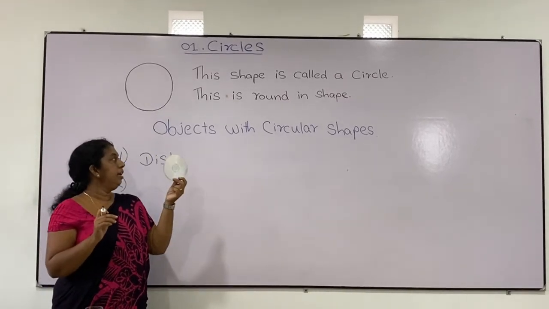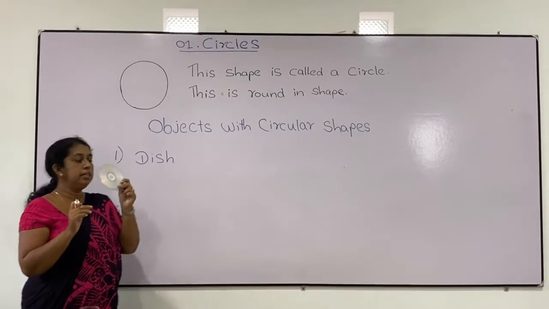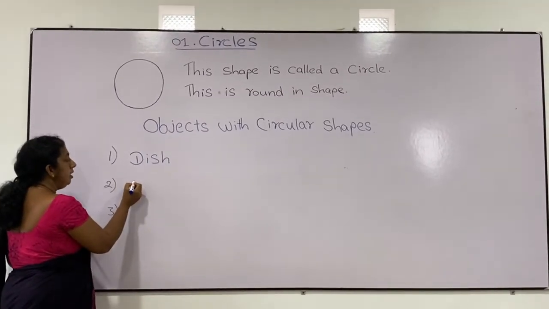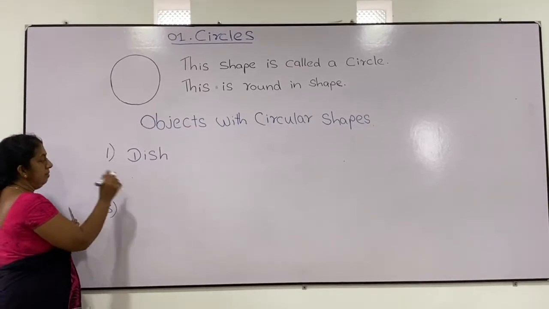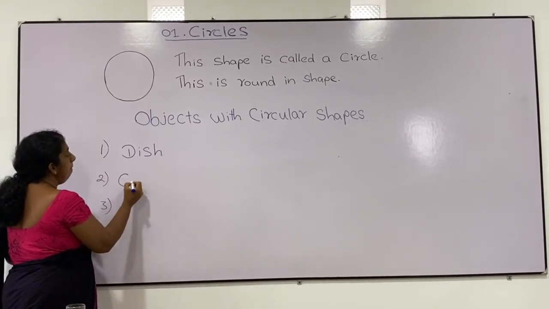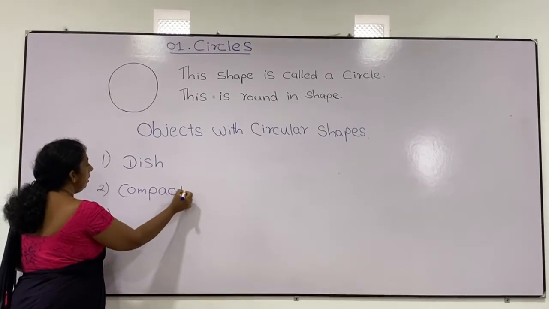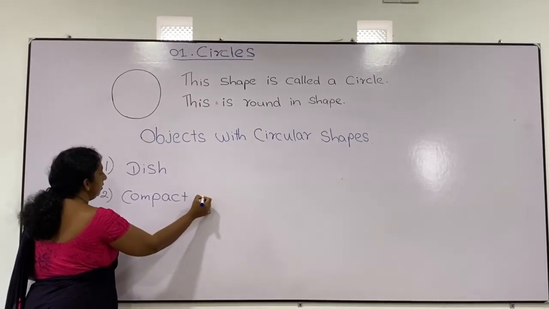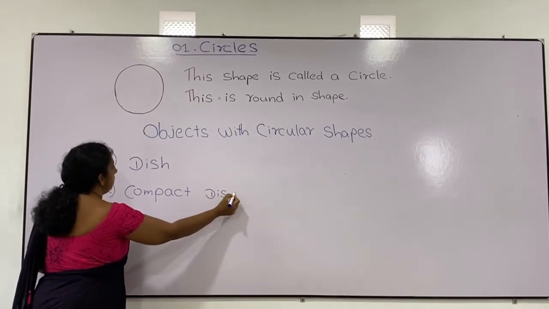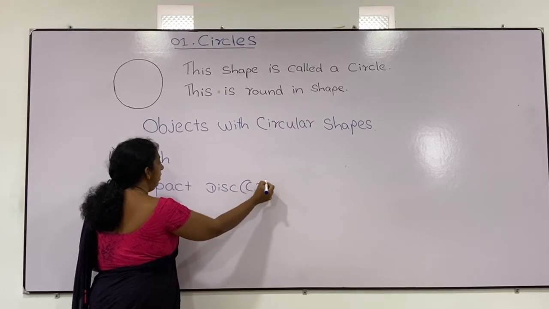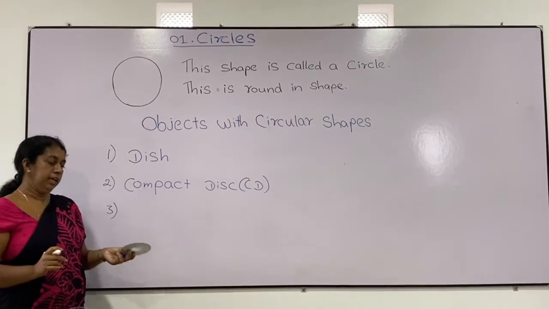So, we can write another circular object, CD. That is compact disc. We can say it is a CD. Okay.